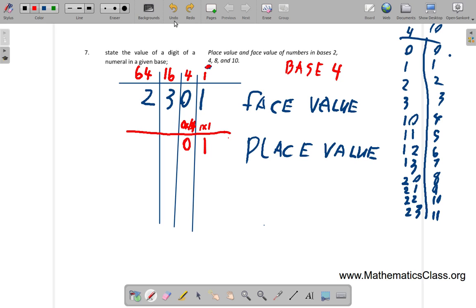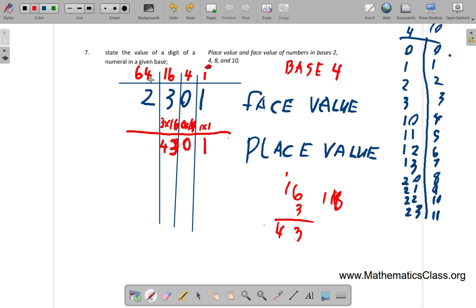Let me put the 3 first. 3 times 16. What is 3 times 16? You should practice to multiply without using the calculator. 16 times 3: 3 times 6 is 18, 8 carry 1, 3 times 1 is 3 and 1 is 4. So you get 48.